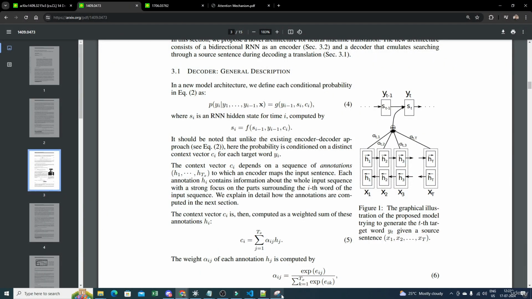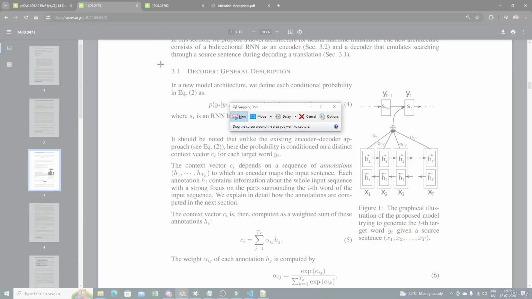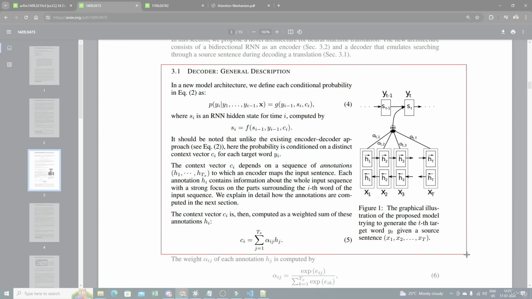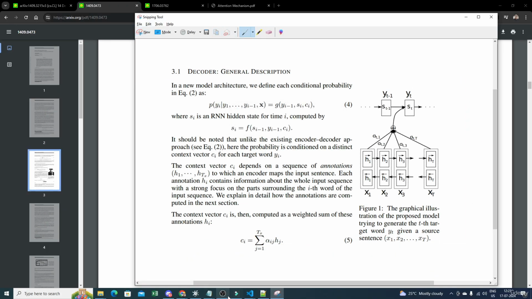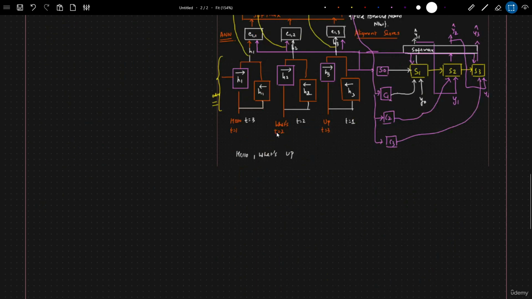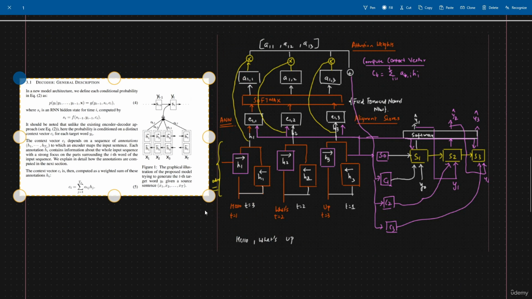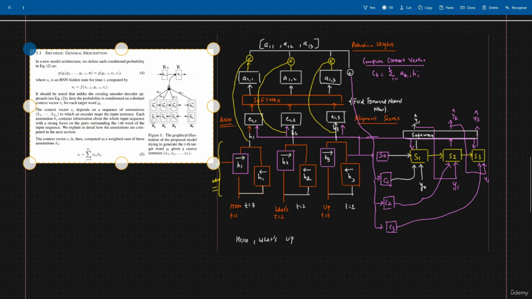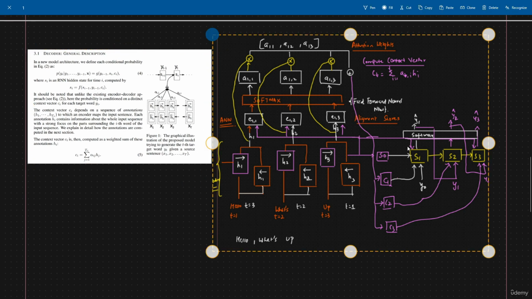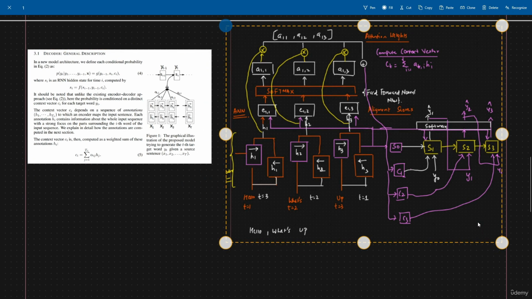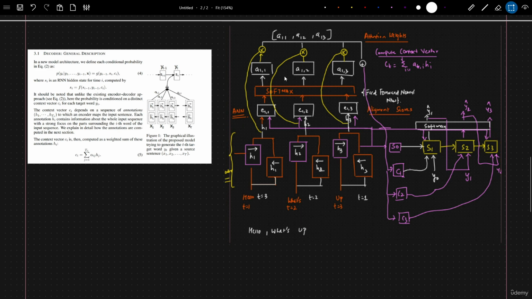So let me do one thing. Let me just take this screenshot, so that you will be able to see this reference over here. So here I will just put this reference, and here I have also added this additional reference. So this was all possible because of the attention mechanism, right? So this is the entire working.